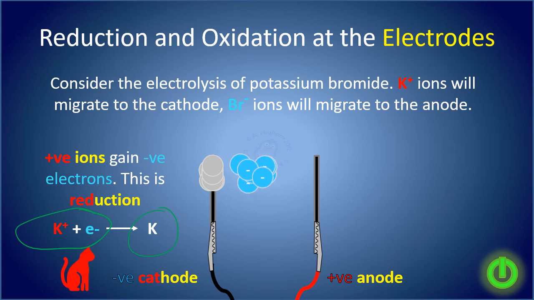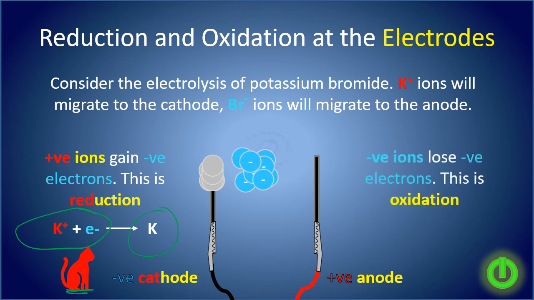Over the other side, there's a little reminder there that we get reduction at the cathode. So red cat is a way to remember it: reduction at the cathode. Over the other side, we have the opposite. The negative ions move to the positive anode, and the negative ions will lose electrons, and this is oxidation.